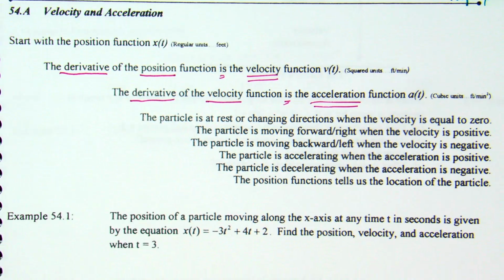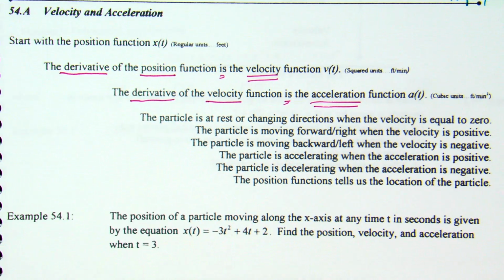Changing directions counts as a moment of stoppage because it stops, turns around, and goes the other direction. The particle is moving forward or right when the velocity is positive. So the positive or negative sign indicates the direction.